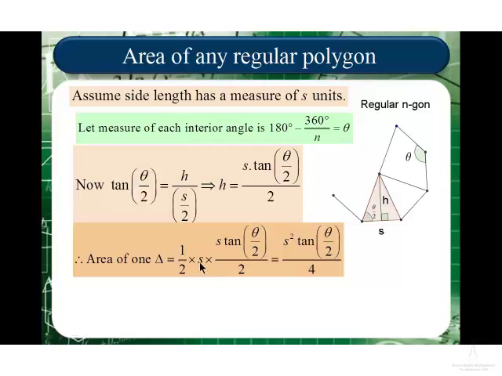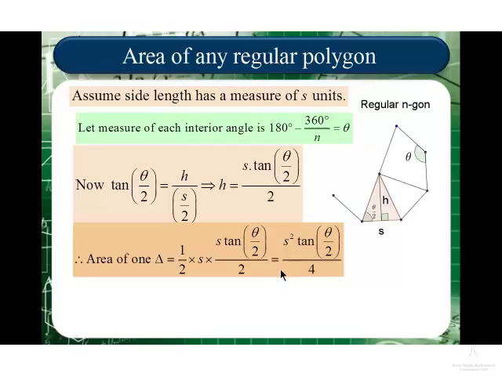Base in this case is the side length S. The height is given by this formula which we have deduced, and combining this we can express the area of each one of these identical triangles within such a regular polygon with n sides as S squared times tan of theta over 2, everything divided by 4, where of course S is the side length.